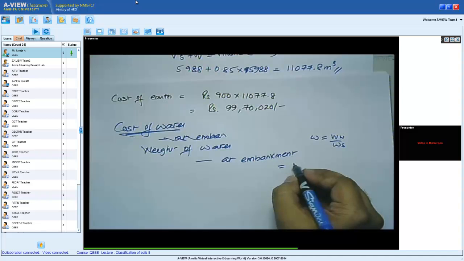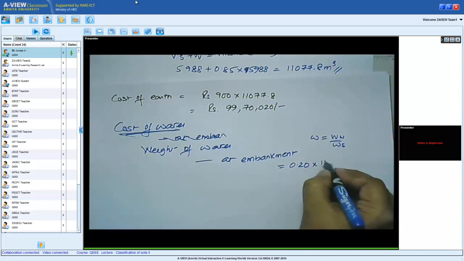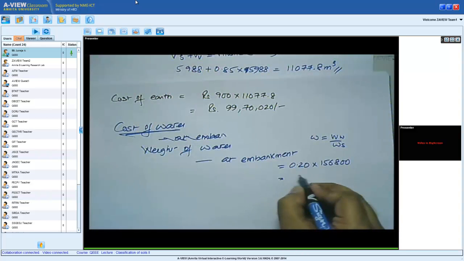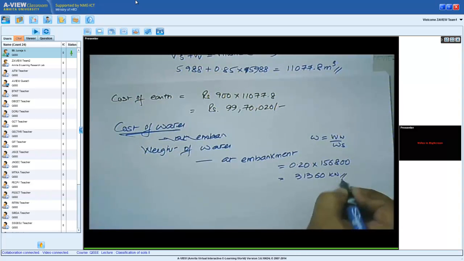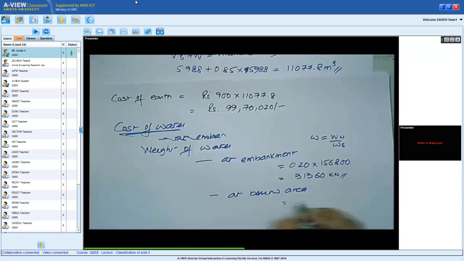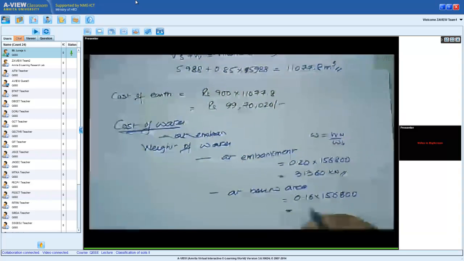At the embankment, I need 20% water content, that's 0.2 times 156800, which gives 31360 kilonewton. Likewise at the borrow area, the weight of water is 0.16 times 156800, which gives 25088 kilonewton.